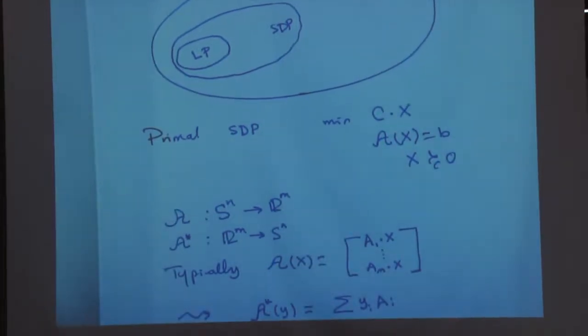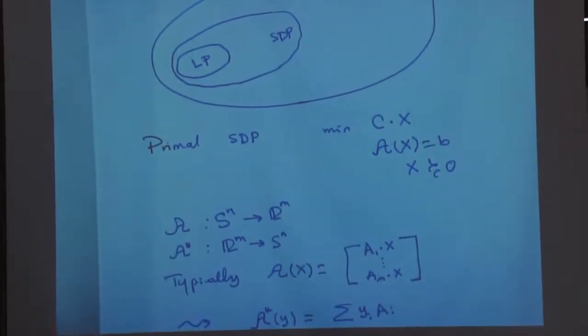Okay. So observe that if you were to take the matrices and just convert them into columns, A star and A are kind of transpose of each other. So that's the semi-definite programming dual.